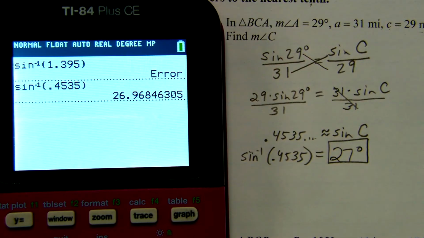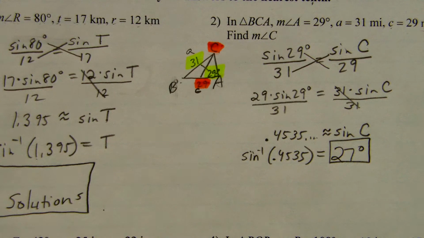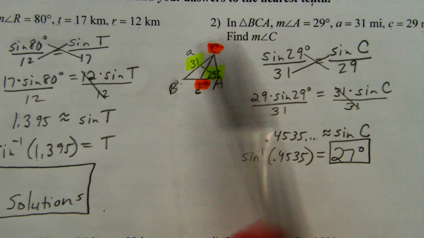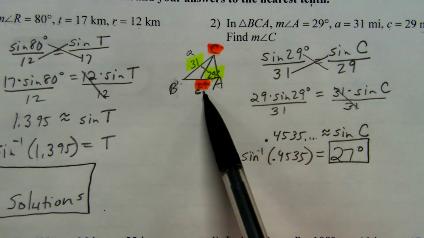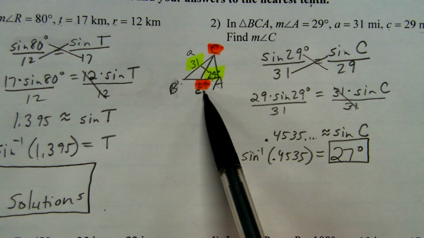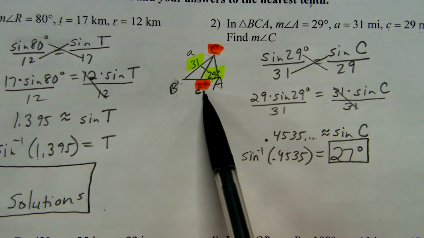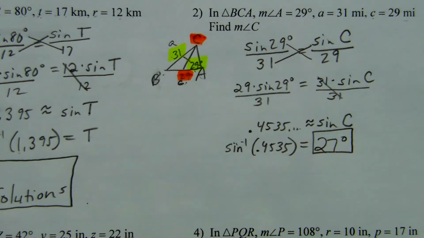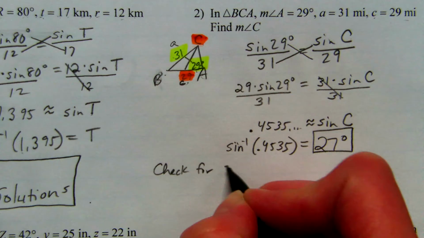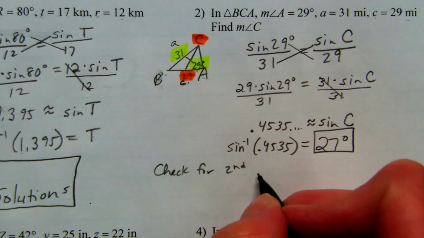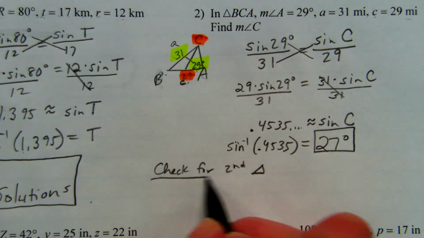Now, here's where it gets a little bit exciting. We know at least one triangle exists that has 31 for side a, 29 degrees for angle A, and 29 miles for side c. But there might be a second one. So I'm going to teach you how to check for the second triangle. So check for second triangle.